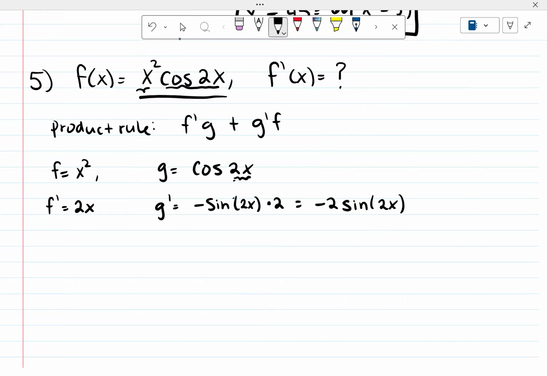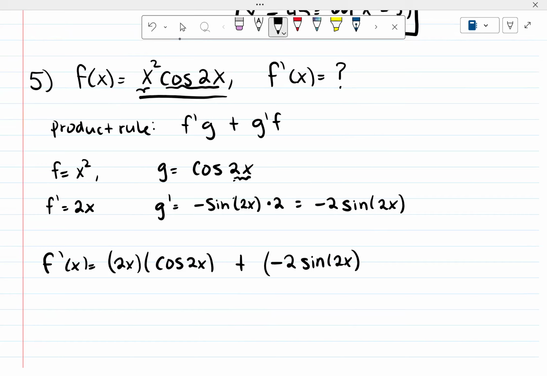Okay, and then you just apply the product rule. So f prime of x is f prime, which is 2x, times the regular g, which is cosine 2x, plus g prime, which is negative 2 sine of 2x, times the regular f, which is x squared.